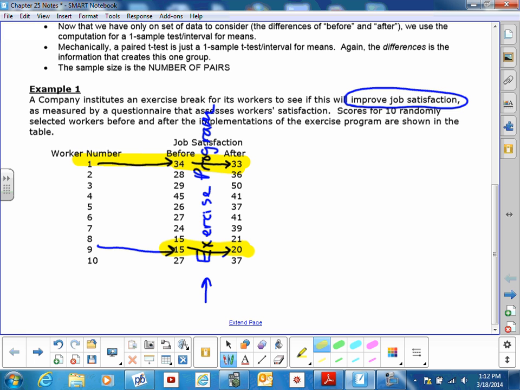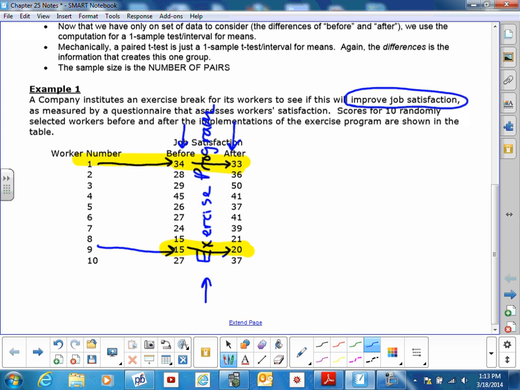So, in summary, what is the thing that is really of interest to us here? The change. The change. Very good. I don't care where they started. I don't care where they ended. I care how much change occurred.